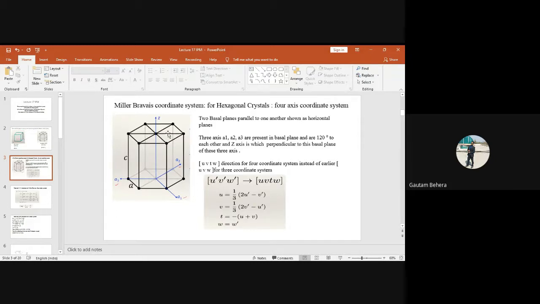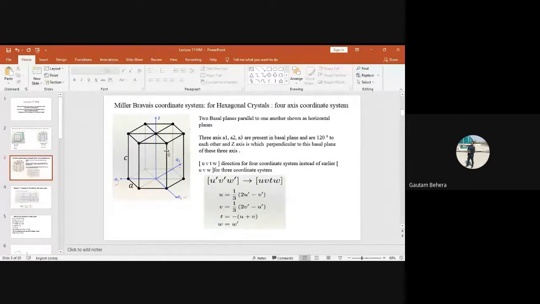Both planes are parallel to one another, so you can consider this plane or this plane; they are the same actually, and the indices will obviously be the same. This is called the basal plane. This is the top basal plane and this is the bottom basal plane, parallel to one another.